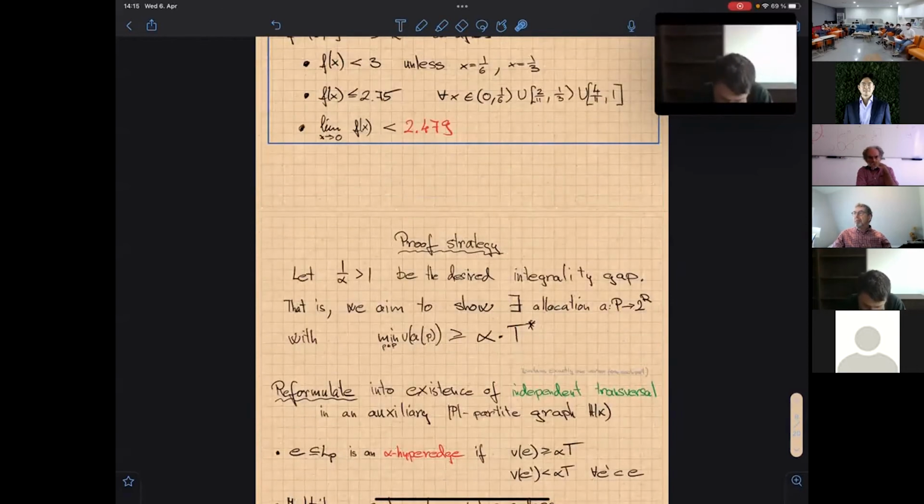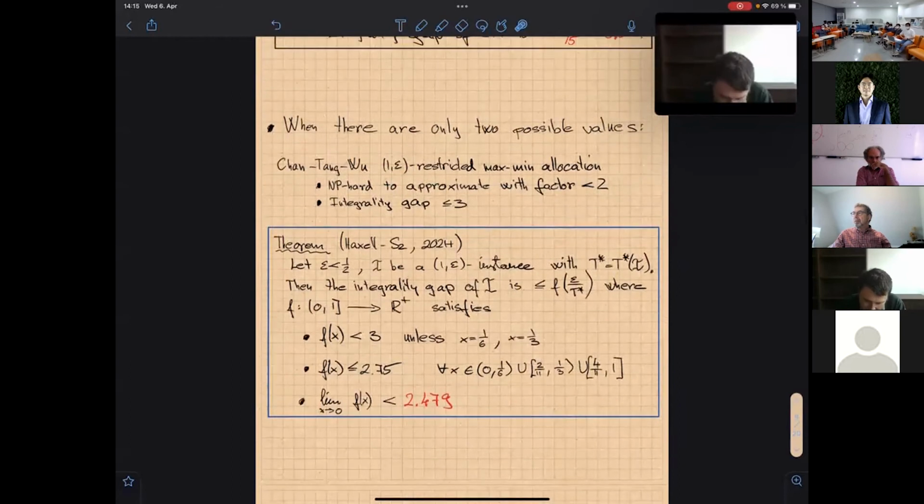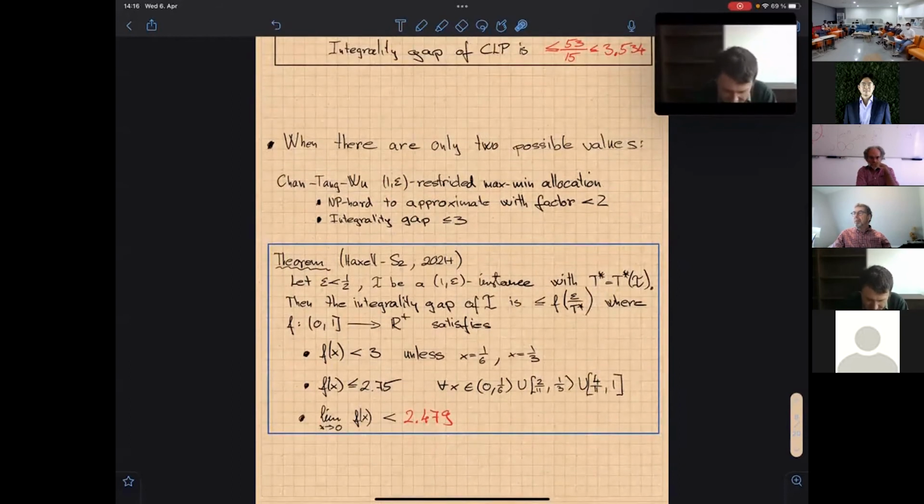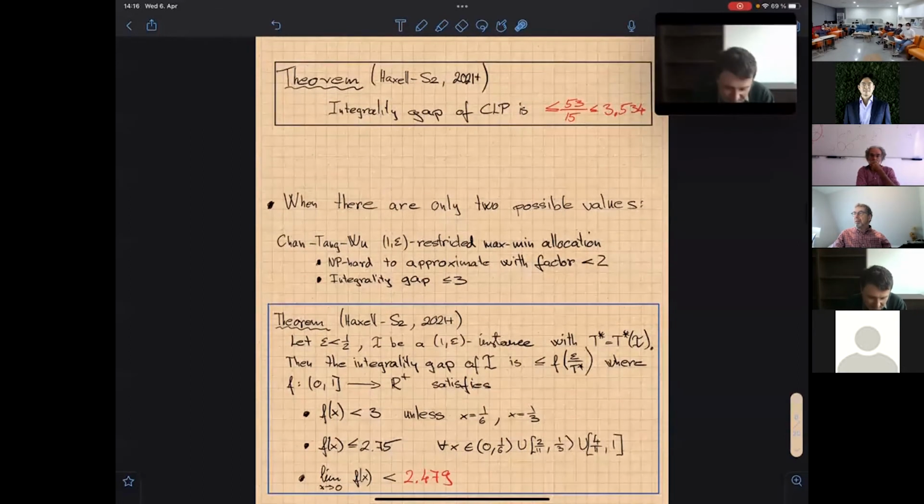Okay, so are there any questions about the theorems? I would speak briefly about how we are dealing with it instead of the combinatorial.